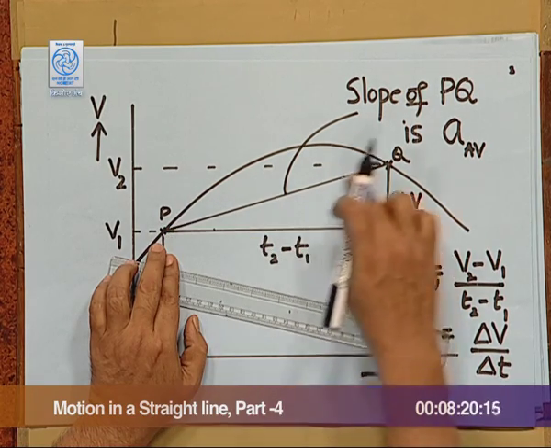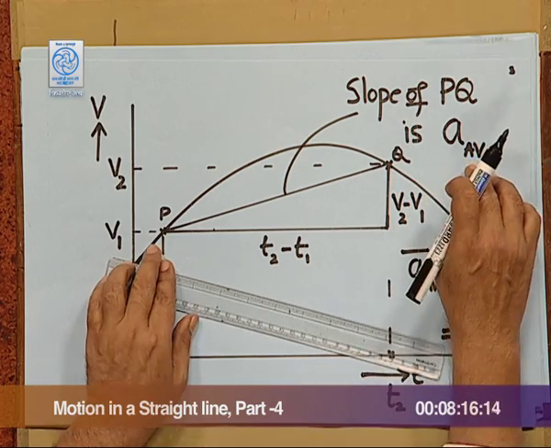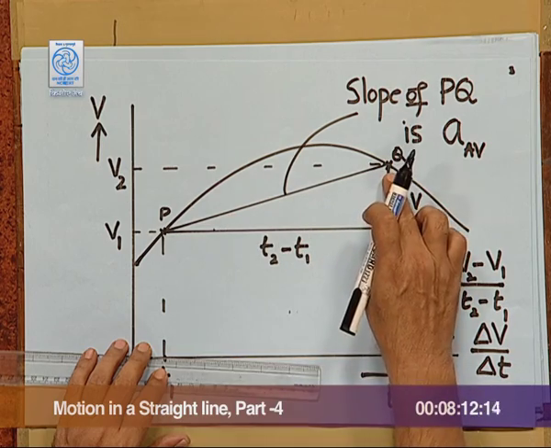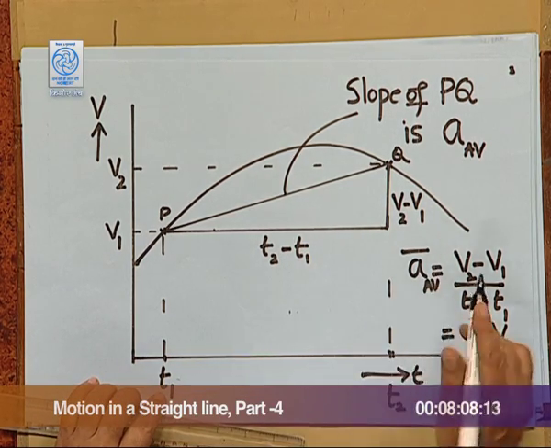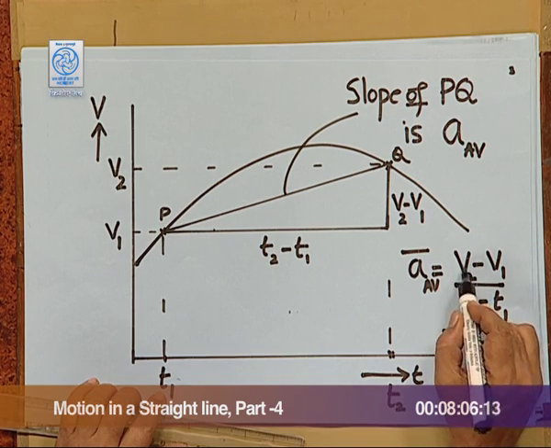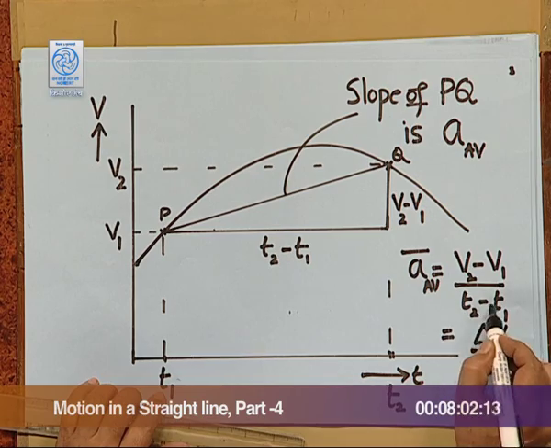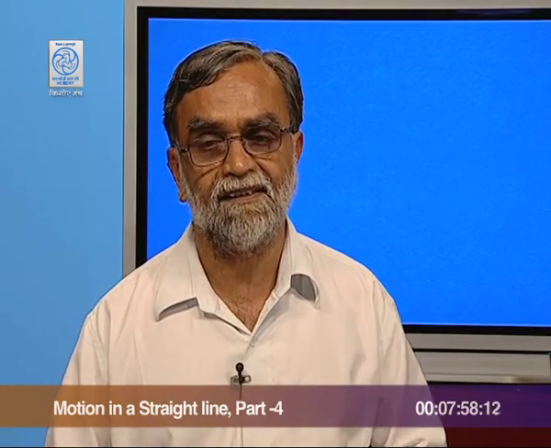The slope of this line PQ is called the average acceleration. Average acceleration in the time interval t1 to t2 is defined as the change in velocity, that is v2 minus v1, divided by t2 minus t1, which is represented as delta v by delta t.